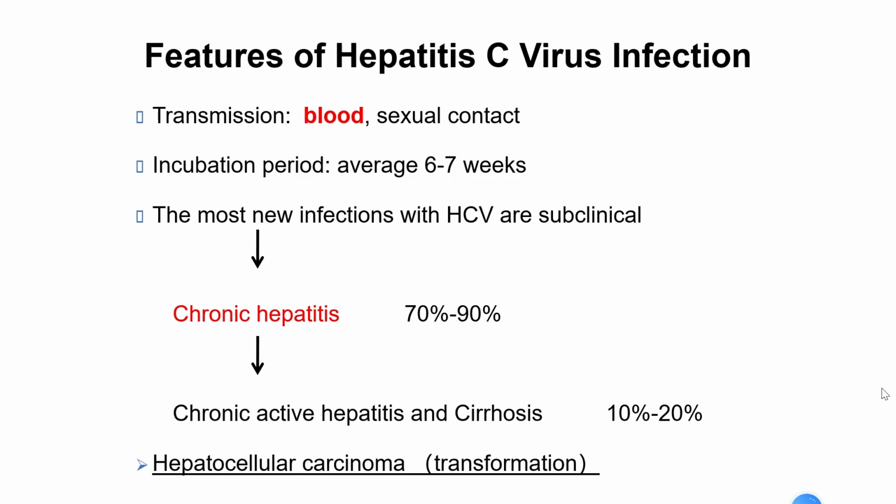So that's the long-term liver damage. Okay, and HCV infection can also cause transformation. So HCV infection can cause hepatocellular carcinoma, causing liver cancer. So till now, we have learned 3 viruses, and both B and C can cause liver cancer. Keep that in mind.